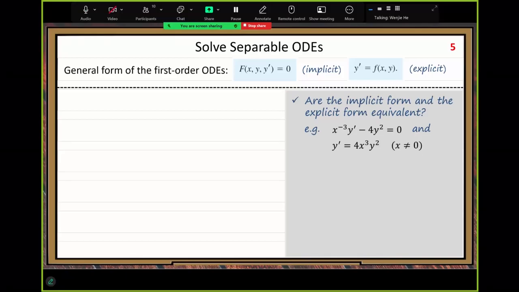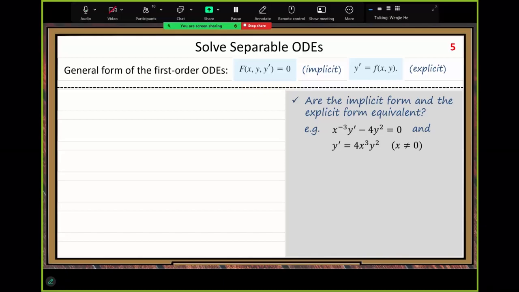Our goal is to make these two equivalent. In the first equation, x is not allowed to be 0, right? The x to the negative third term tells us x is not allowed to be 0 in the first equation. For the second one, if we do not put this parenthesis condition, then x is allowed to be 0.